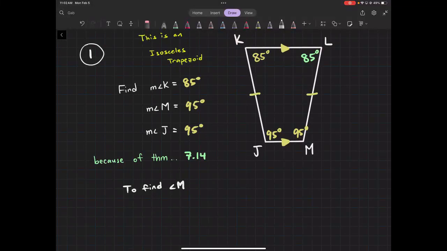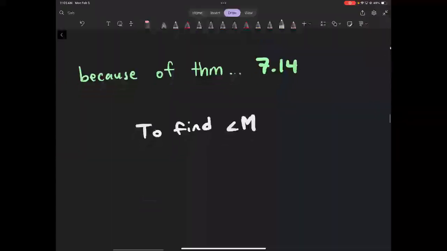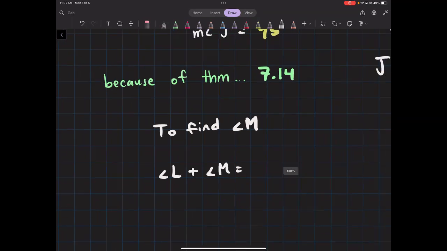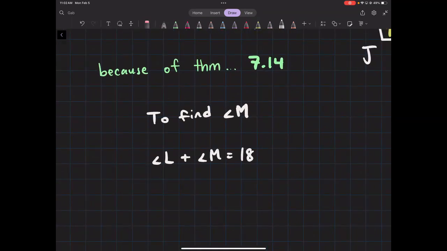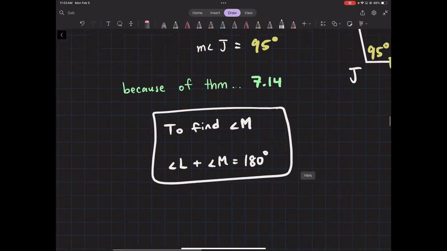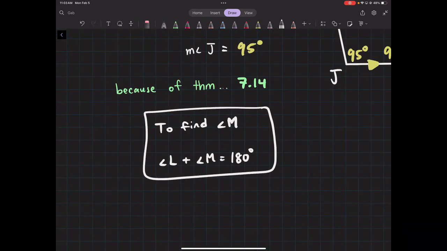You're going to add angle M and L, and they're supposed to equal 180. Leave that for yourself, just a little reminder. Okay, we good? All right.